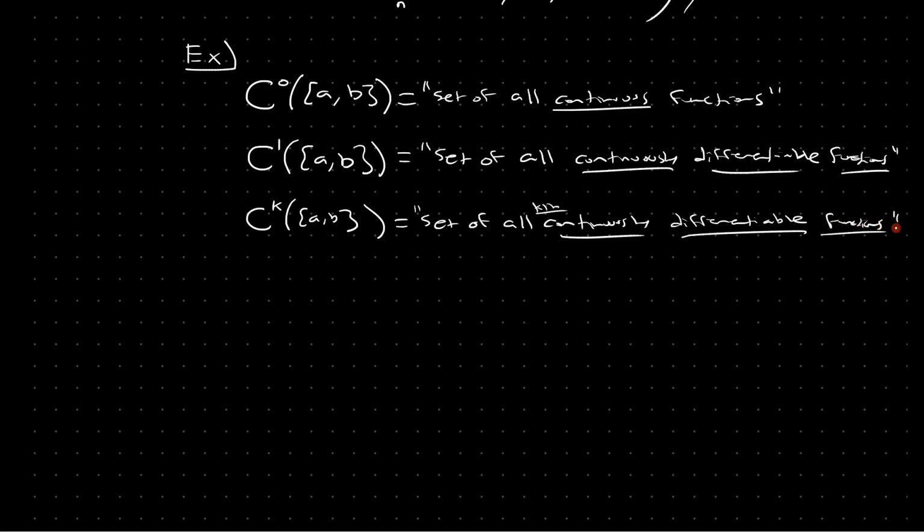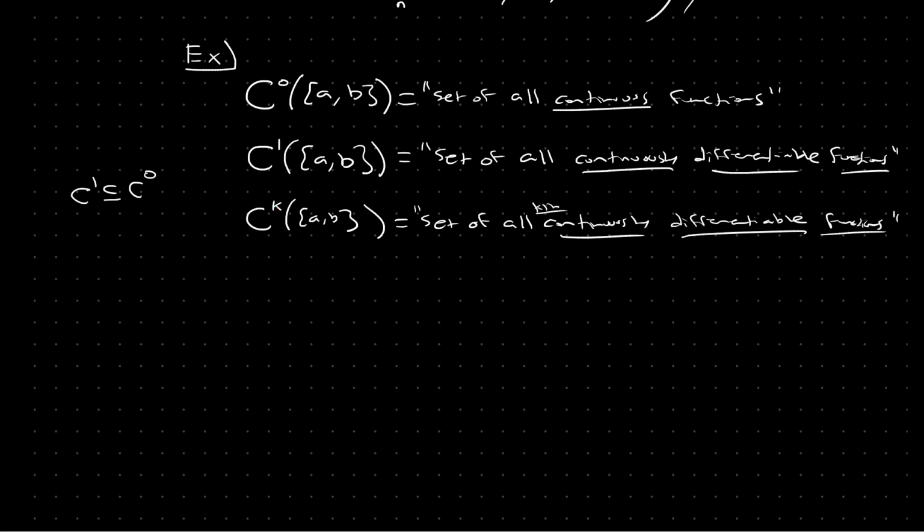And this is the set of all functions that have continuous kth derivative. And recall from your Calculus 1 class that if a function is differentiable on a closed and bounded interval, that function necessarily has to be continuous on that interval as well. So we actually have a very interesting inclusion here, because the set C1 is in fact a subset of C0, and likewise for all of the other C^k sets of functions as well.